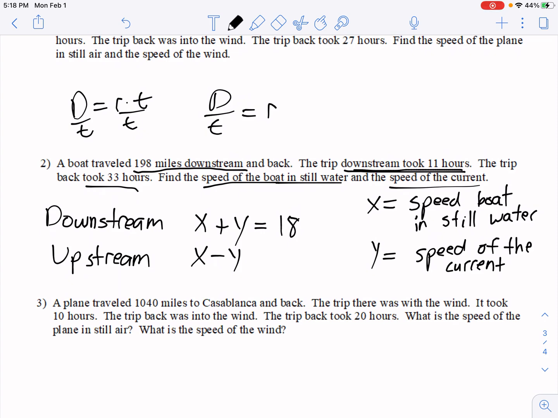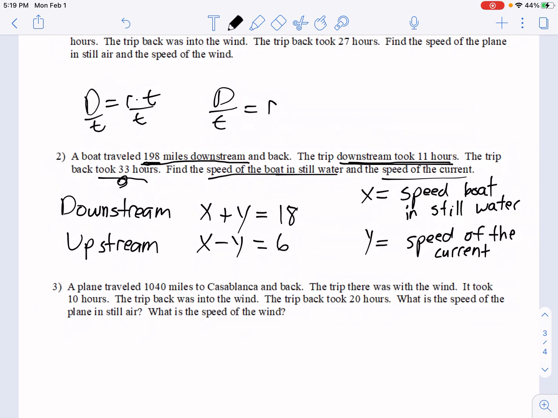Then going upstream, if we take 198, because it also went 198 going back, divided by 33, that time going back, we would get 6. So we're going 6 miles per hour. Because we're being pushed against the current, we're moving slower.